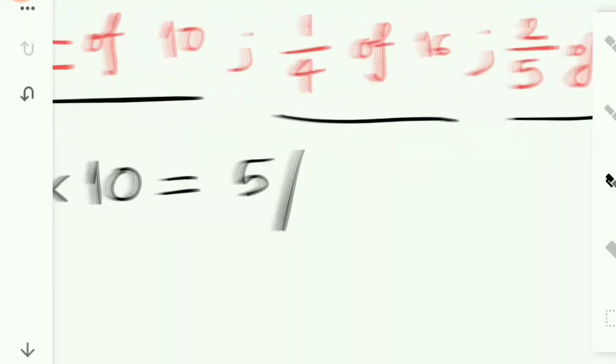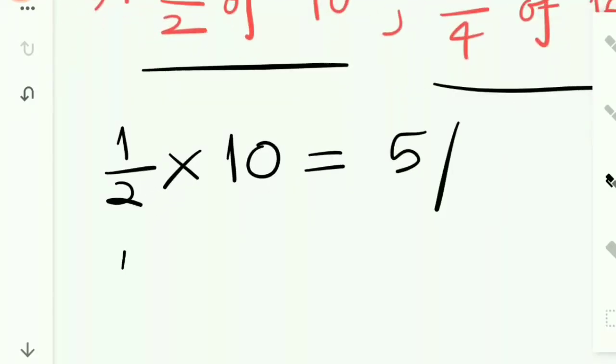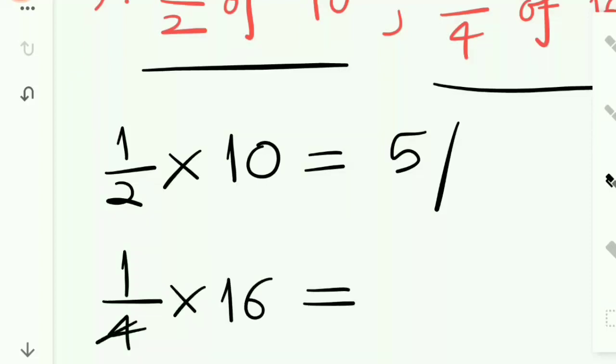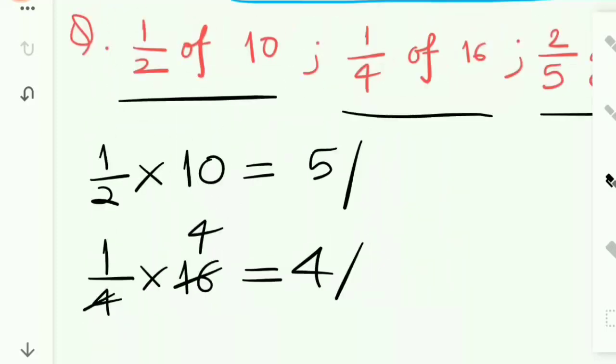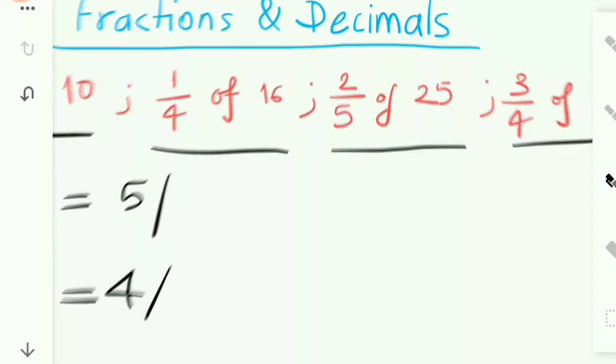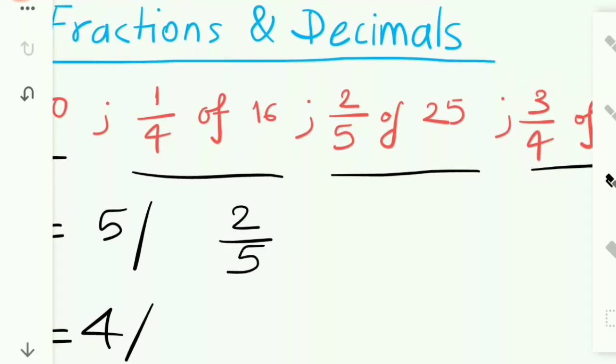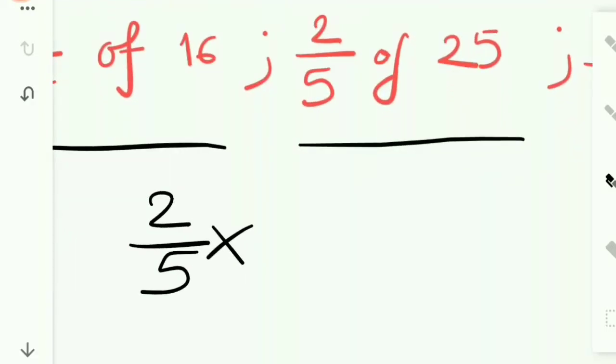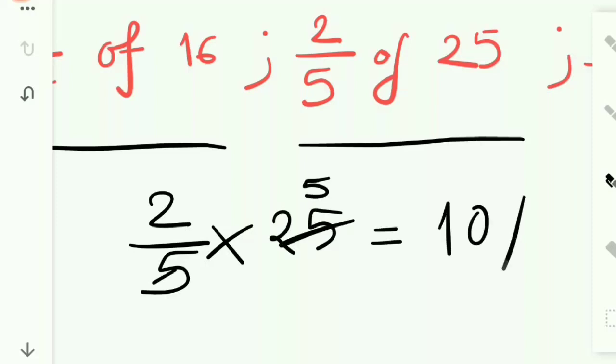1/4 of 16 means 1/4 into 16 equal to 4 4s are 4. Okay. 2/5 of 25. 2/5 of 25 means 2/5 into 25, which is equal to 10.